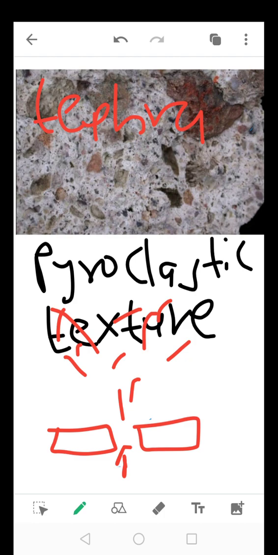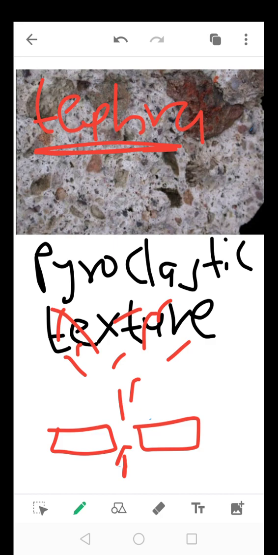When there is welding, compaction, and deposition of other grains, the loose material called tephra, or the unconsolidated materials, finally forms a pyroclastic rock.